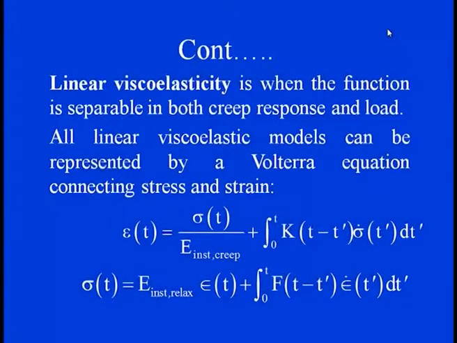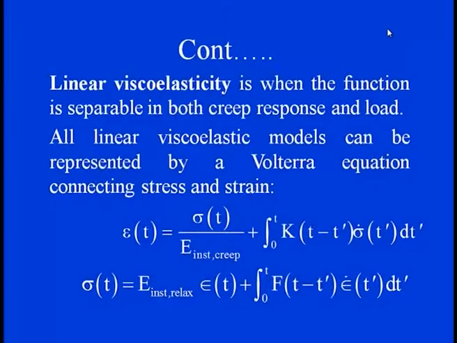So, epsilon t, the time-dependent strain, is equal to sigma of t divided by E, the instantaneous E due to the creep part, plus, so this is one part because of the elastic nature, plus the integration of this variation along the thickness.